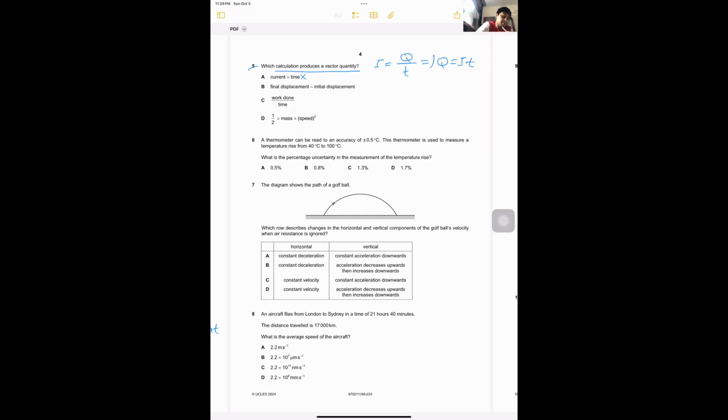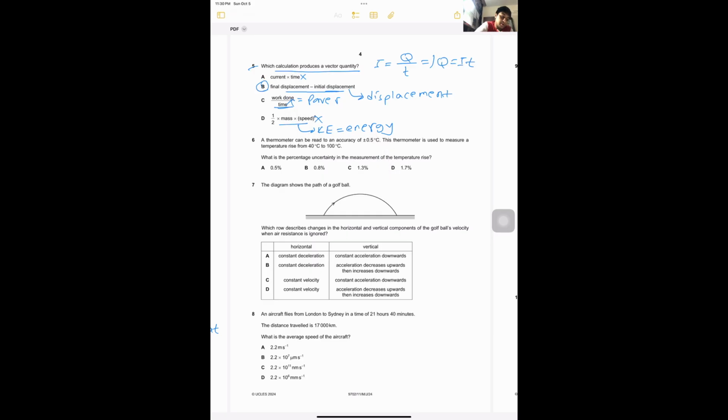And final displacement minus initial displacement gives us the change in displacement, which is a vector quantity, so this could be an answer. Work done by time is power, which is a scalar quantity, and this one is KE, which is an energy, also a scalar quantity, not a vector, and hence the answer should be B.